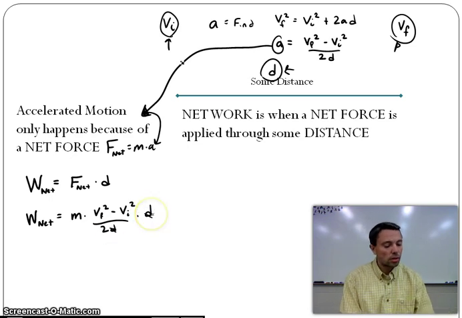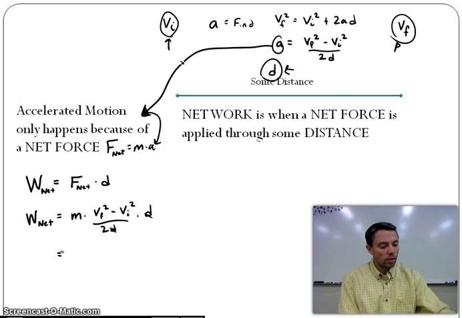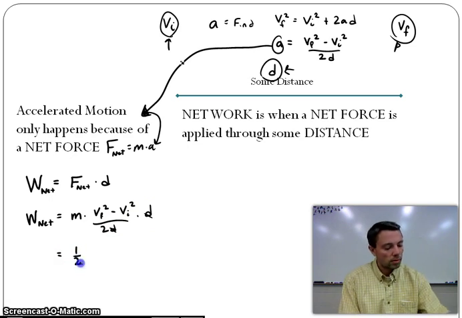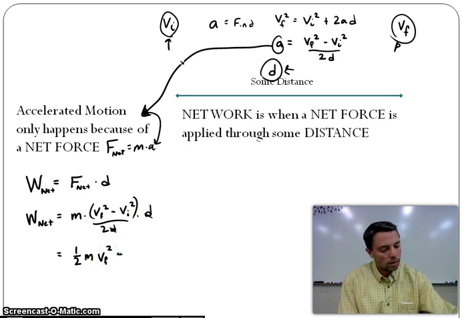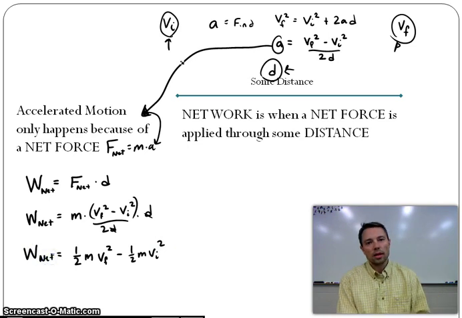If I write the divided by 2 as a 1/2, and apply the M to each part of VF squared minus VI squared, we can look at this in terms of the amount of work being related back to kinetic energy.